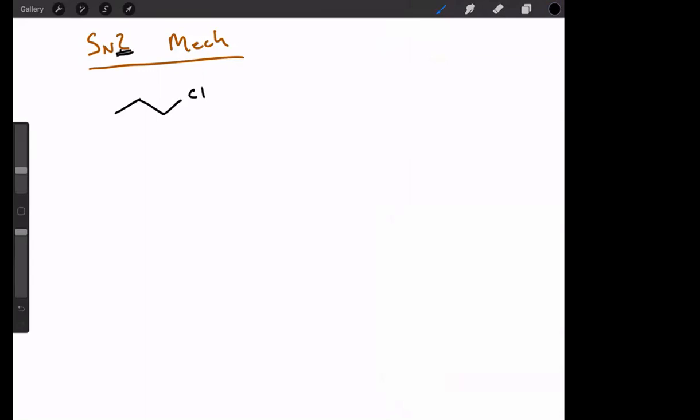We use the word bimolecular, and that's what helps you remember how the mechanism works. 2 means bimolecular, and bimolecular means that the reaction is concerted.